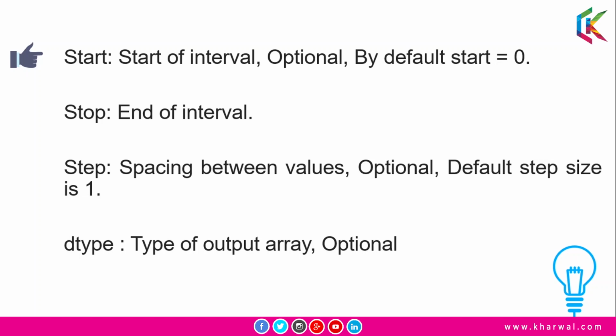The dtype is the type of the elements of the output array and defaults to None, and it is also an optional parameter. So we can say that the first three parameters determine the range of the values, while the fourth specifies the type of elements. Let me open up the Jupyter notebook and show you the working of this arange function over there.